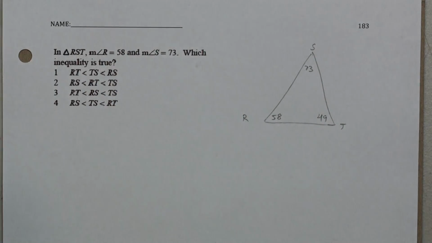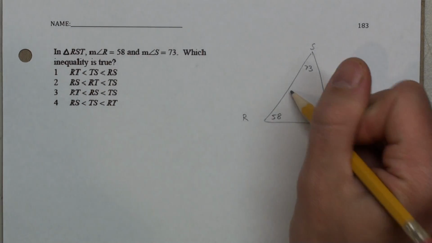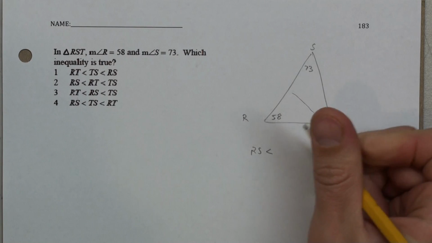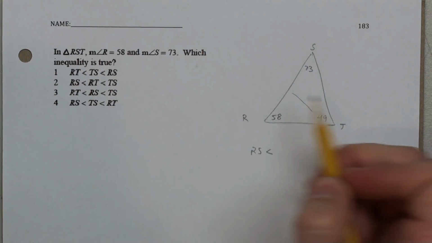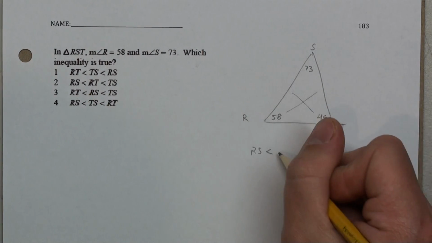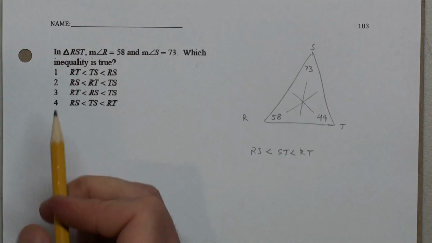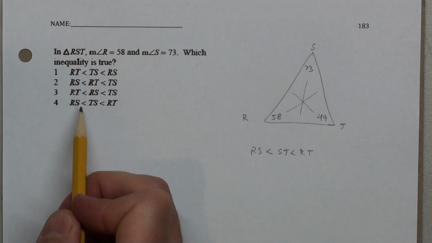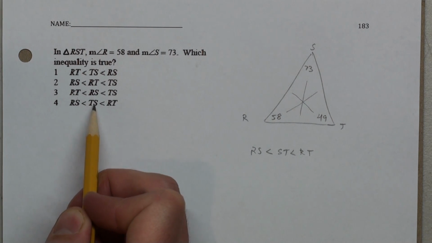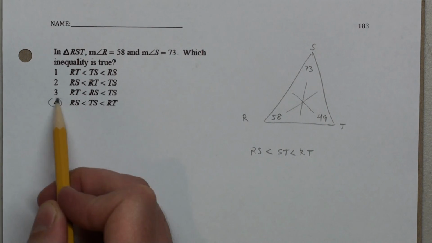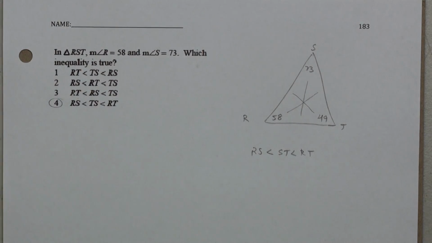Which inequality is true? So we know that RS is less than ST, which is less than RT. So which one says that? RS, TS, RT. Right, this one. ST is the same thing as TS.